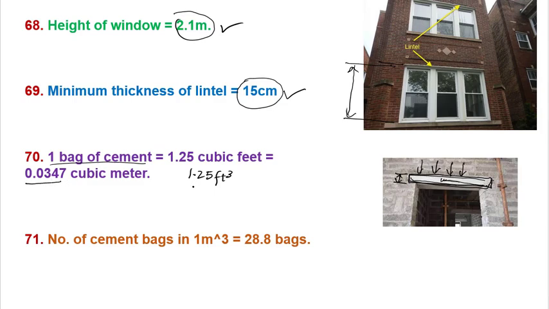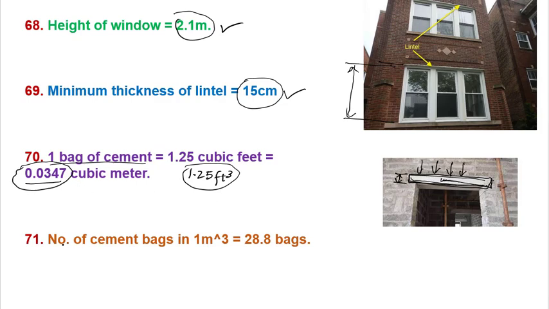You need to remember these 2 points, because cement is the basic material which we use on any sort of construction project. So you must know the volume of one cement bag. In terms of feet cube, it is 1.25. In terms of meter cube, it is 0.0347, right?